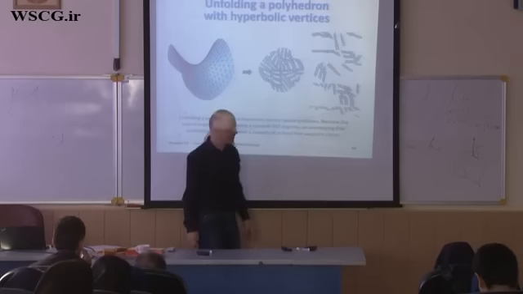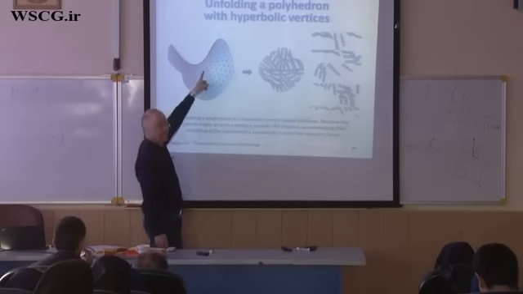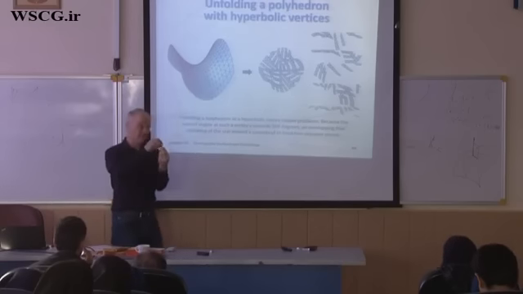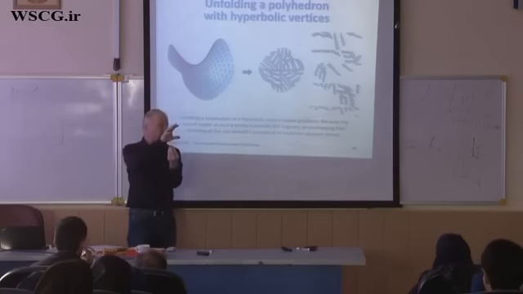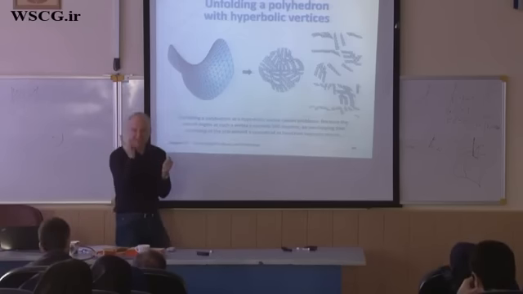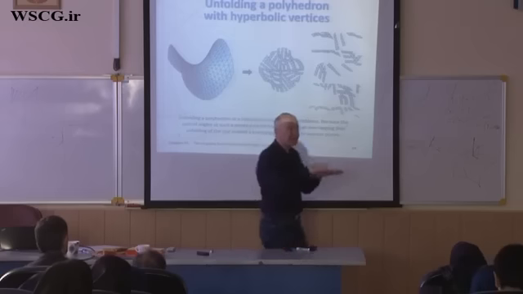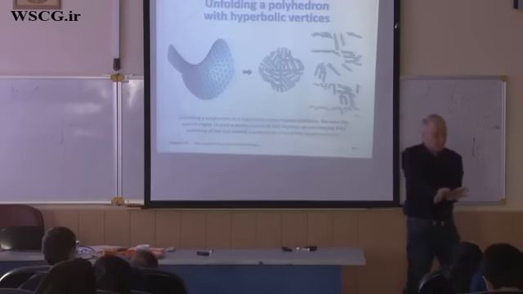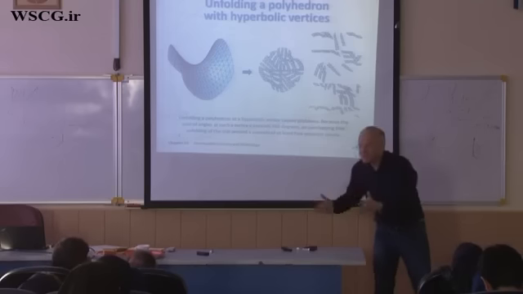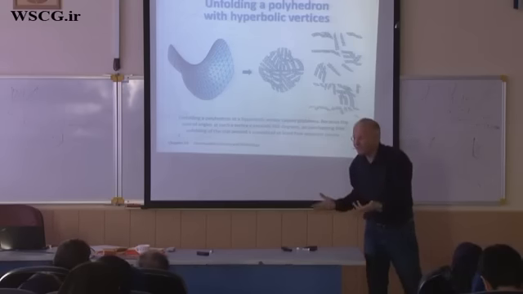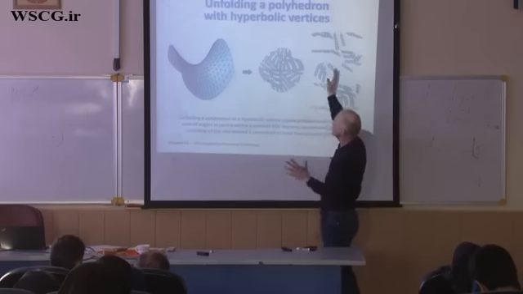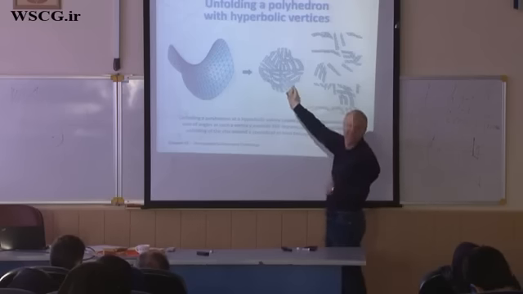Why? Because in such a vertex star, if you take a vertex and the faces around the vertex, let's say they are only triangles, and these angles, then the sum of angles will be greater than 2 pi. And in order to unfold it without overlap, you need to take at least one, maybe even more of these triangles out and place them somewhere else. And this makes this whole thing so terribly disconnected.